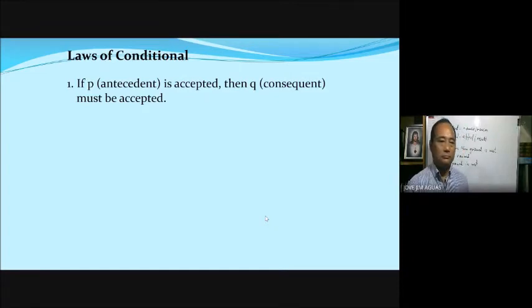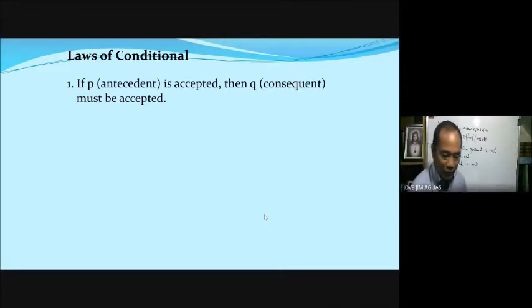This person believes in Christ. So what's the conclusion? Then he's a Christian. That's the first rule of the conditional. Even in our conversation, suppose a parent says, if you get good grades, then you will have a good reward. The child got good grades, therefore he must be given a reward, because that's the condition. I hope that's clear.